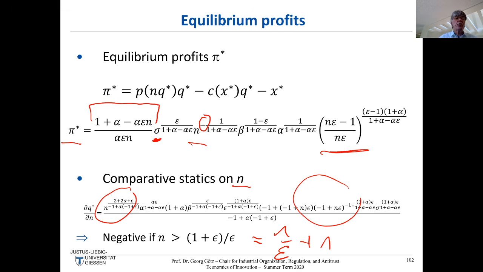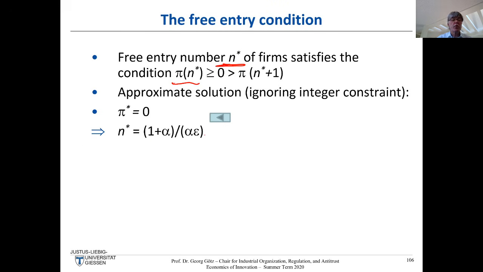We can do it immediately, put n on the other side. So n, the equilibrium number of firms, is equal to 1 plus alpha over alpha epsilon. And that's what is written here, 1 plus alpha over alpha epsilon.